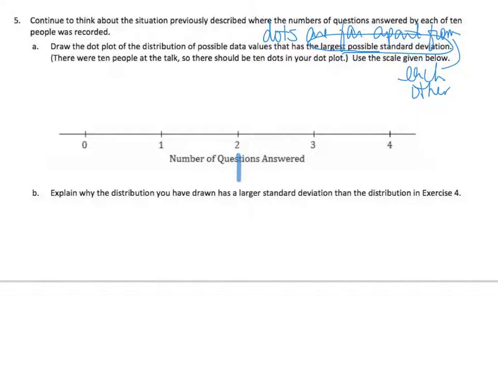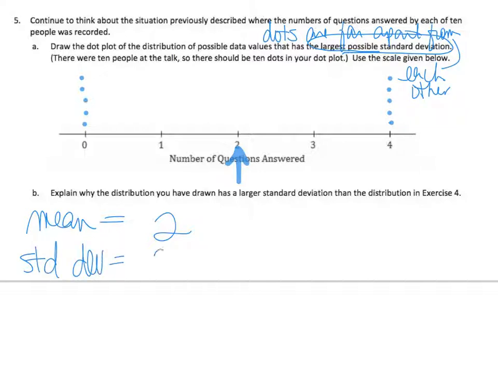So if I had a mean of 2, I could have, sorry, that is just 1. Oh goodness. So 1, 2, 3, 4, 5, 1, 2, 3, 4, 5. If I calculated the mean of this, the mean would be 2, and the standard deviation would also be 2.